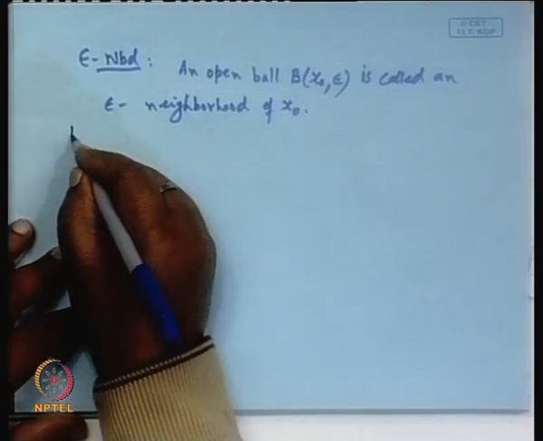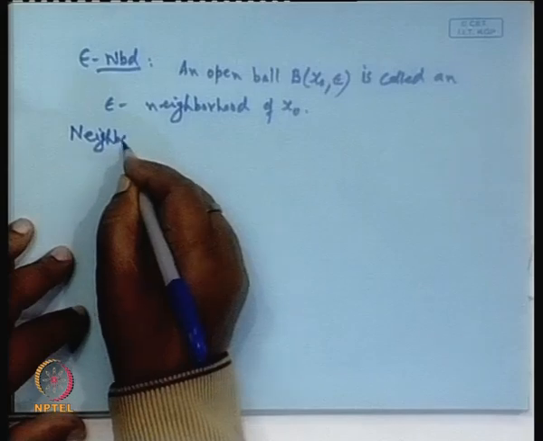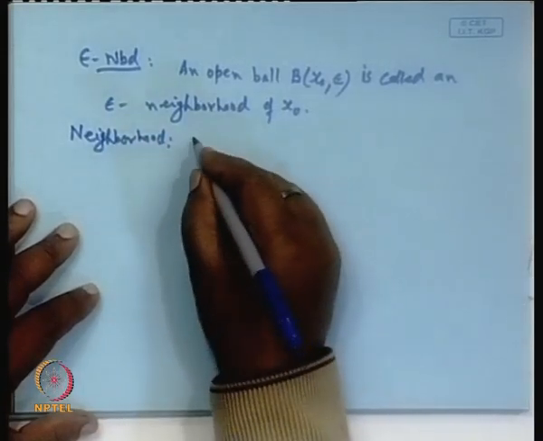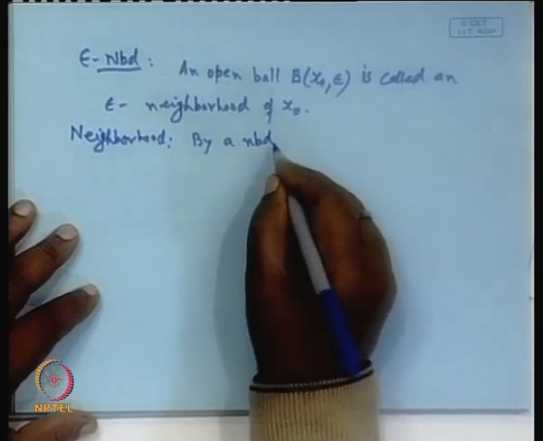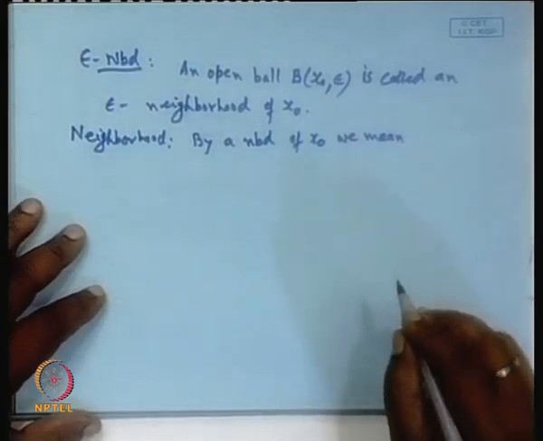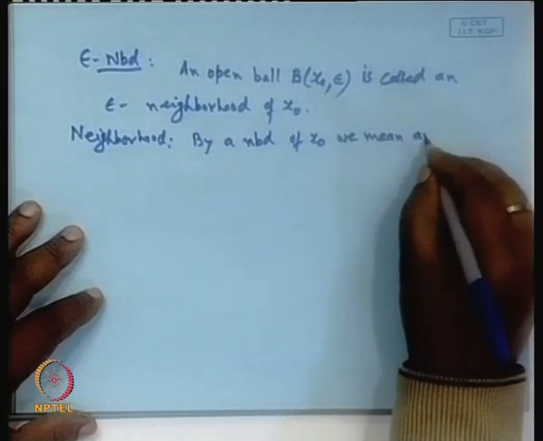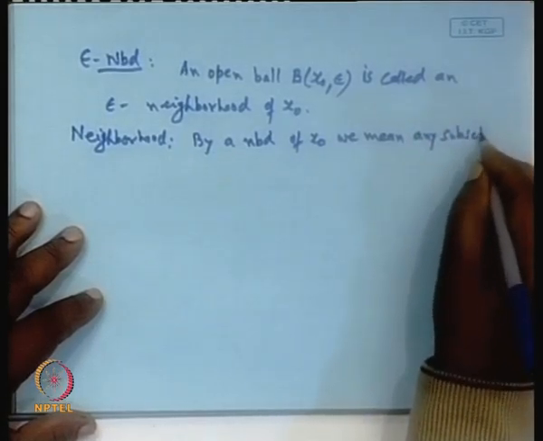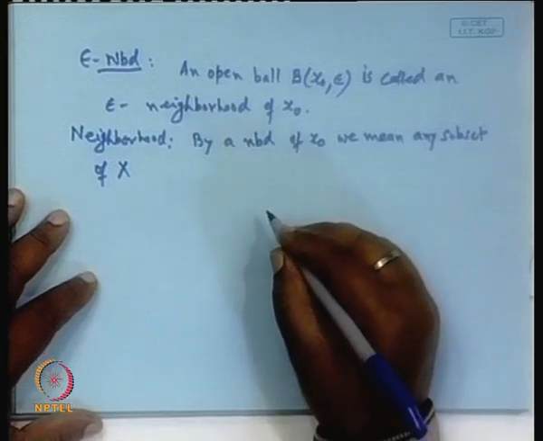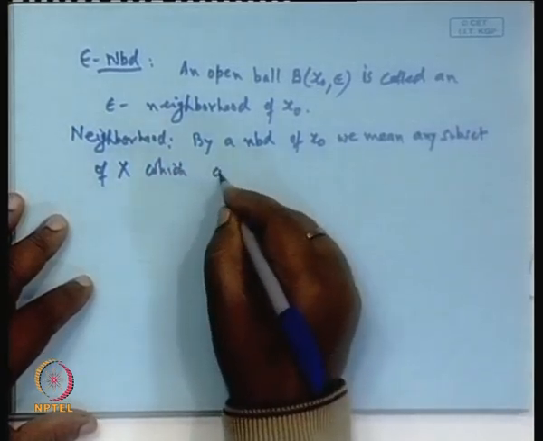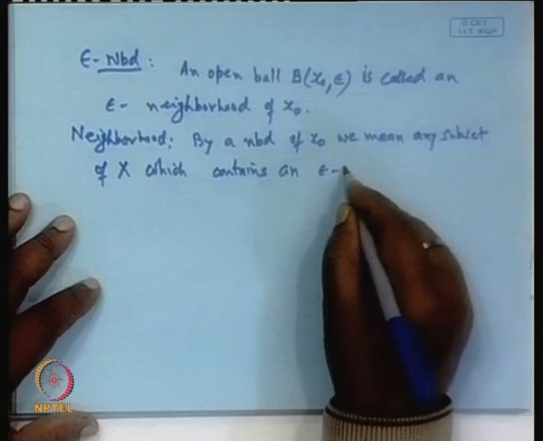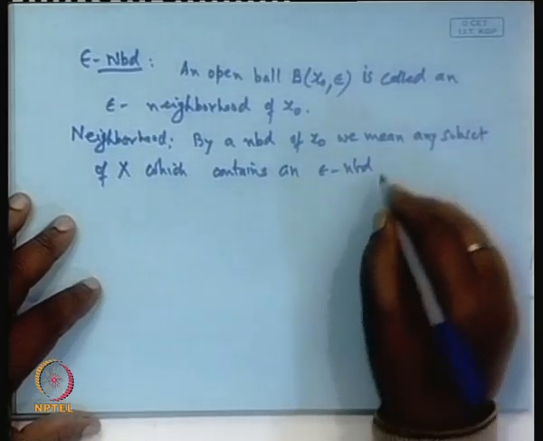And what do we mean by a neighborhood? By a neighborhood of x naught we mean any subset of X which contains an epsilon neighborhood of the point x naught.